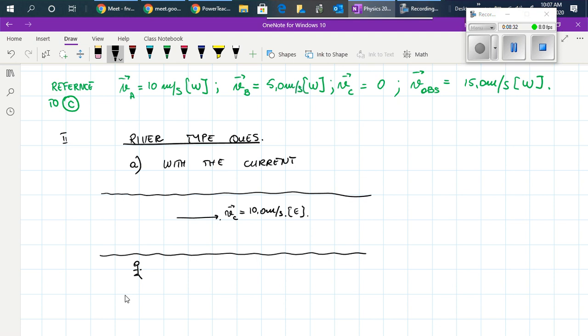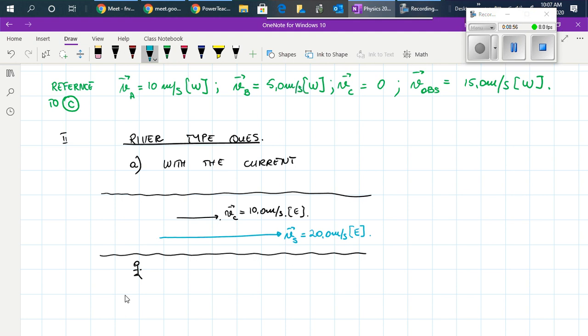And then you have a swimmer or a boat that is moving with the current. The velocity of the swimmer, or the boat, is the same thing, will be 20 meters per second, and since it is going with the current, it will be east.